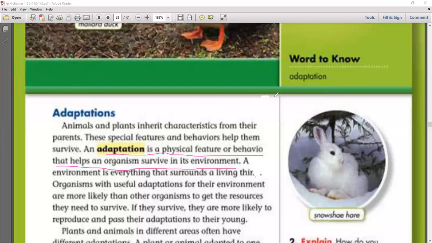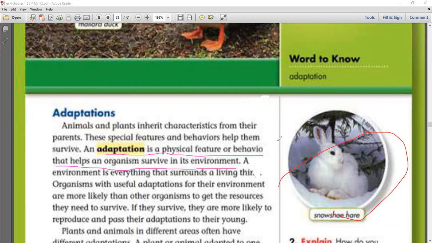Abdul Majid, open your mic. Can you tell us the definition of adaptation again? Adaptation is a physical feature or behavior that helps an organism survive in its environment.